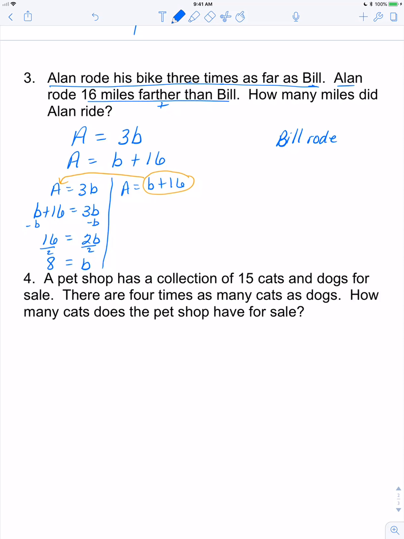Now that we know Bill is equal to 8, A is equal to 8 plus 16. So Alan rode 24 miles.